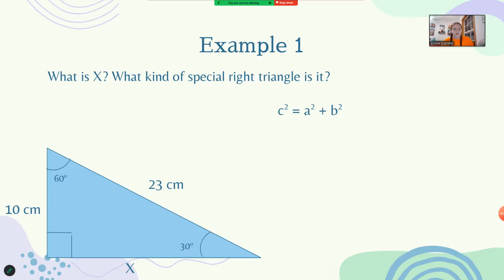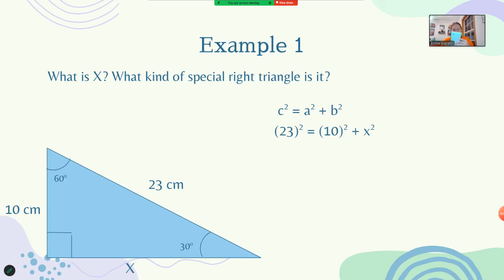Now, we got to figure out what a squared is. In the diagram, in the spot of a is 10. It is one of the legs. And then we are solving for x, which is in the spot of b. So your equation should look like this. It should be 23 to the power of 2 equals 10 to the power of 2 plus x squared.